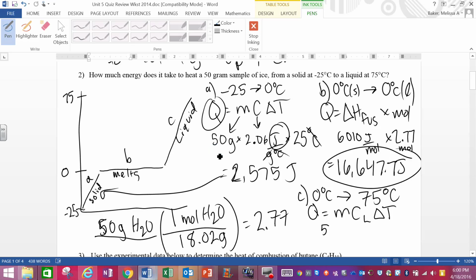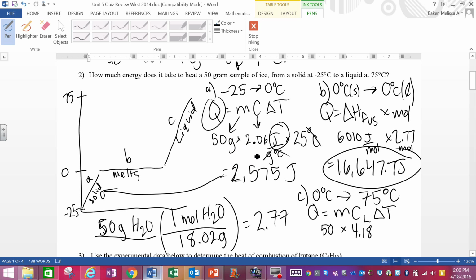We've still got 50 grams of water, but now if you check your chart, the specific heat for H2O in its liquid phase is 4.18 joules per gram degree Celsius. And the temperature change from 0 to 75 degrees is 75. Multiply those together and it comes out to be 15,675 joules.